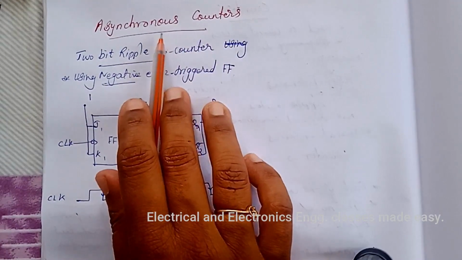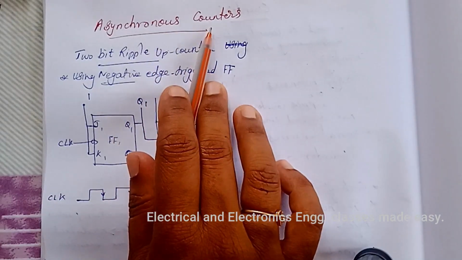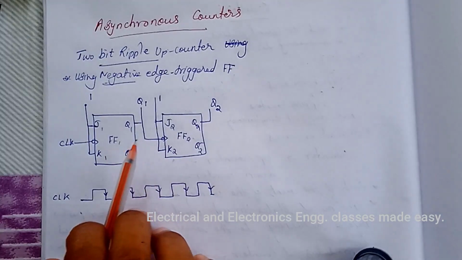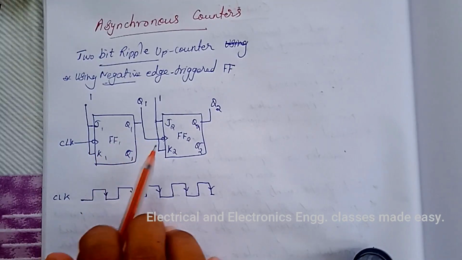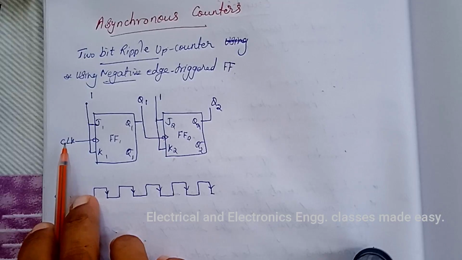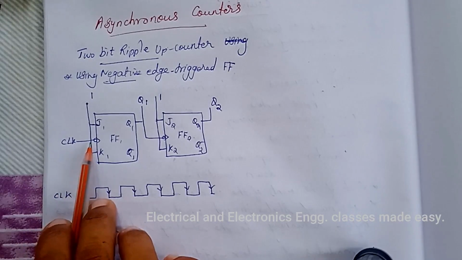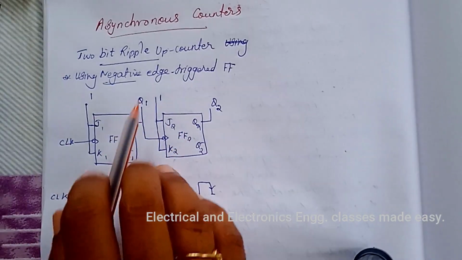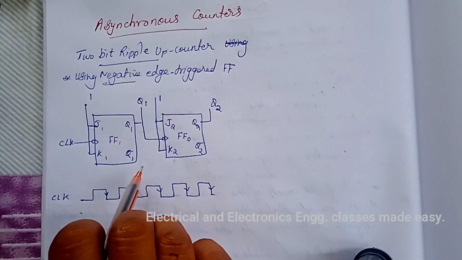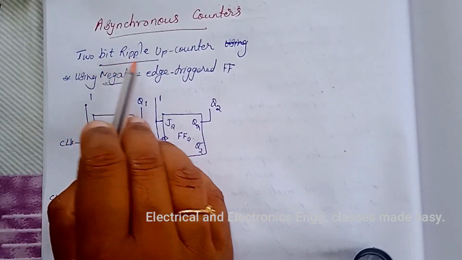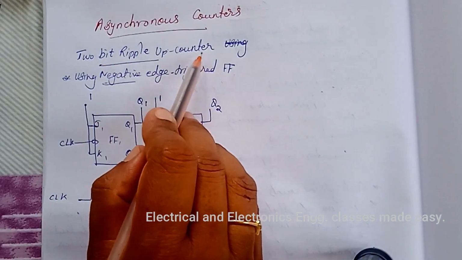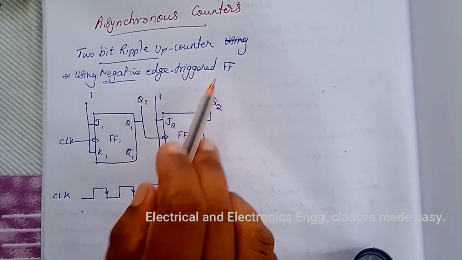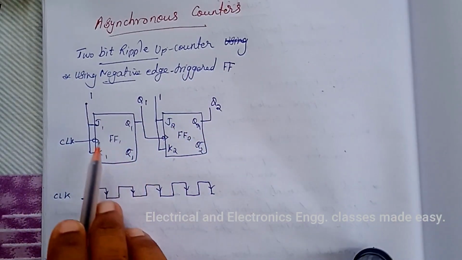Let us study about the asynchronous counters. In asynchronous counters, the flip-flops are not triggered simultaneously. Here the clock is given at the first flip-flop, and this is the logic diagram for a 2-bit ripple up counter, using negative edge triggered flip-flops.